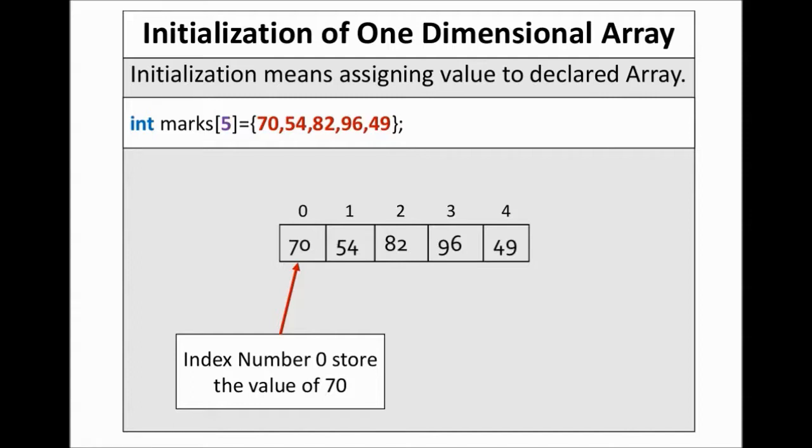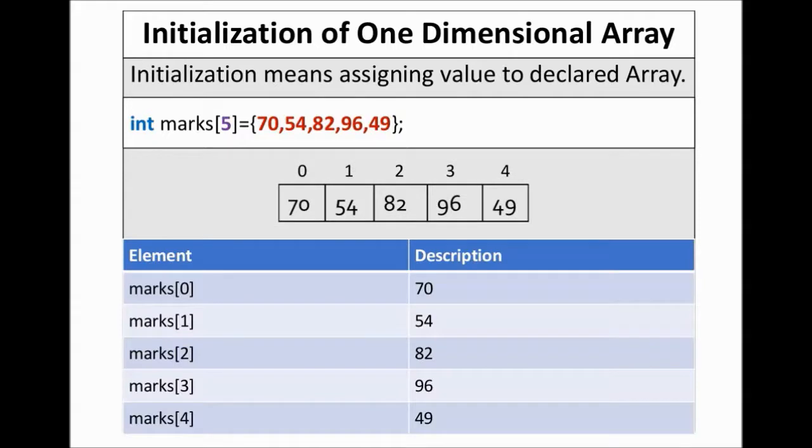An array size can be omitted when it is initialized in the declaration. int marks[] = {70, 54, 82, 96, 49}.